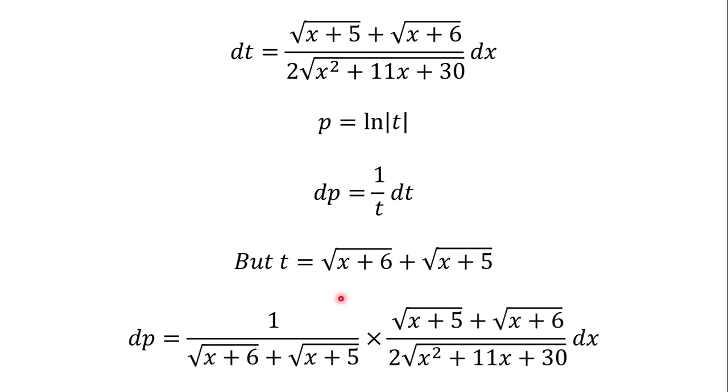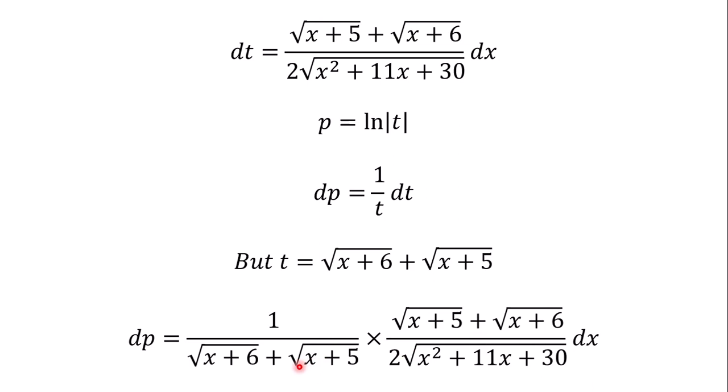After differentiation, we had 1 over t, and then after replacing t with this one, this is what we have gotten. And then when we replace dt with the whole of this, we just get this. Alright.